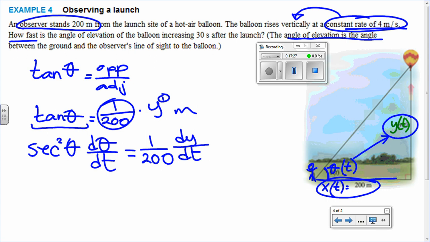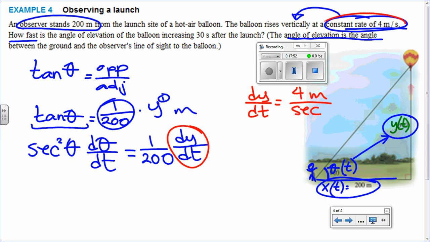Okay, so now going back to the problem, and it does say that the balloon is going up at a constant rate of 4 meters per second. So that 4 meters per second is saying the balloon is going up, so this is what they're giving us, dy dt. So dy dt is actually 4 meters per second from here, vertically.